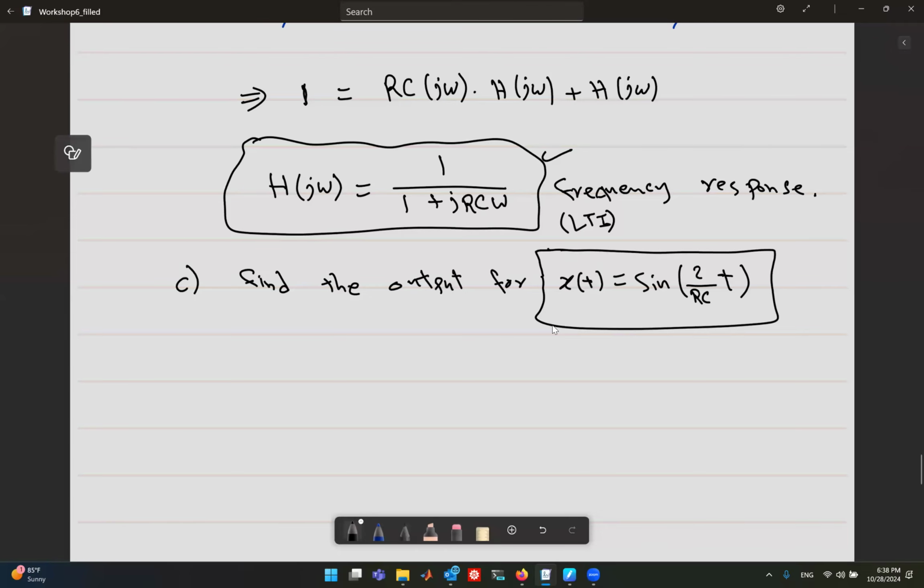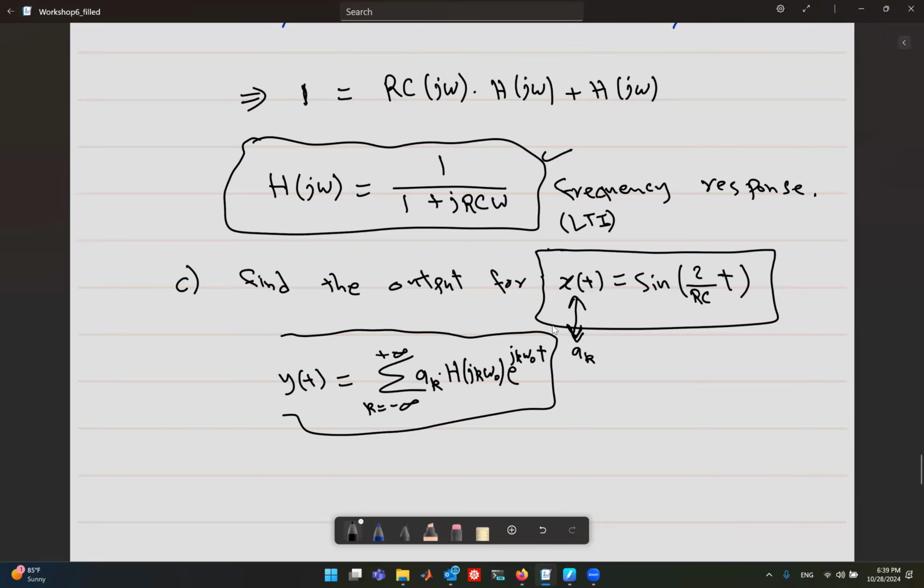Then, similar to the previous example, if we represent the output as a Fourier series, and assume that the coefficient for this signal is a_k, then the output will be a_k times the frequency response H(jk omega naught) times exponential jk omega naught t.